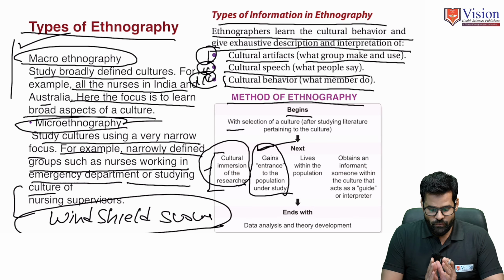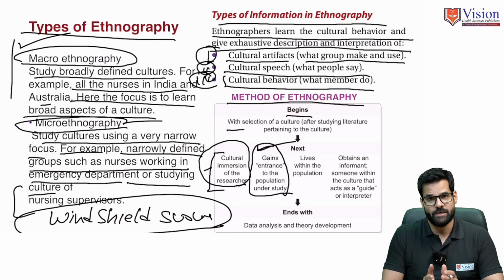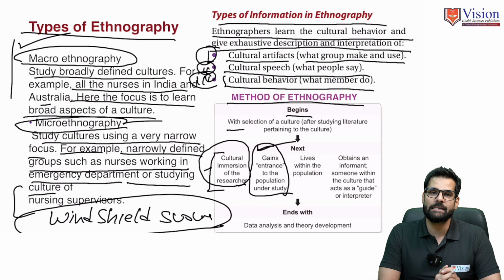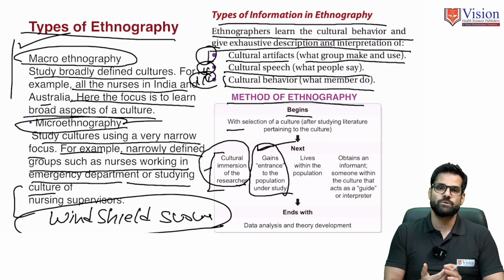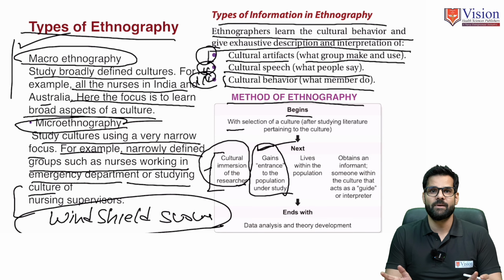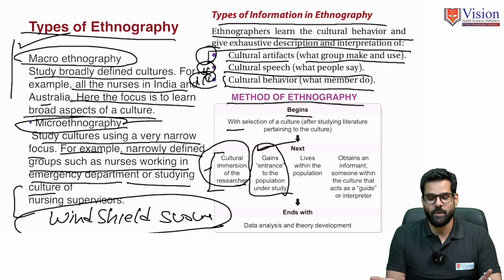If you are perceived as a stranger in that culture, people will not tell you the information. For example, suppose an American wants to study the dowry system in India by attending marriages, and people know this person wants to study the dowry system, so usually people will hide it. Everything will be visible there, but nobody will talk about dowry, and usually nobody talks about dowry openly, right?